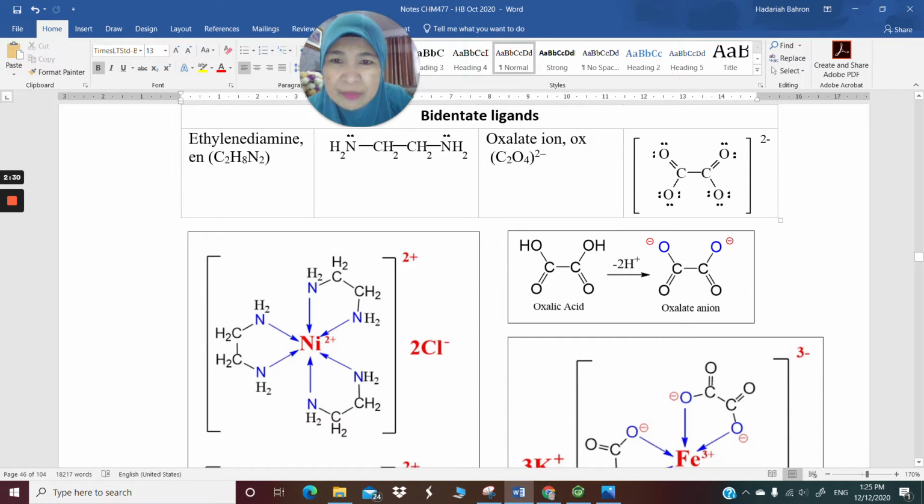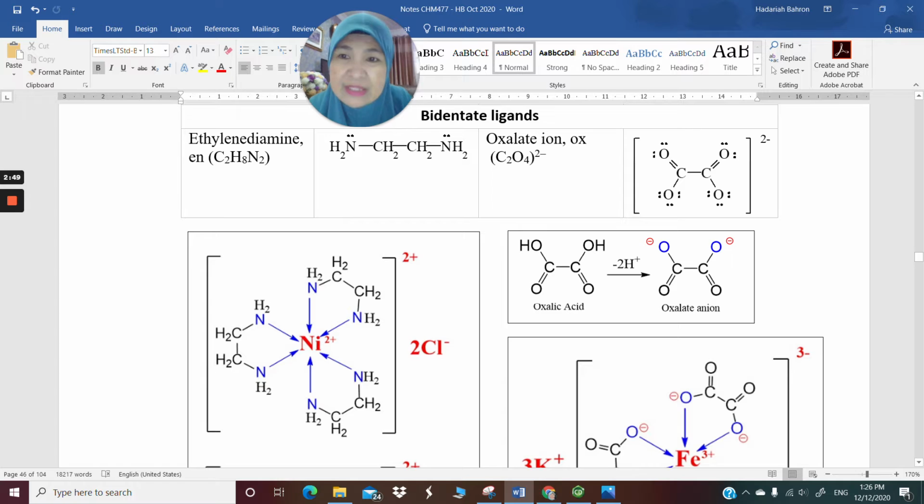There is a lone pair of electrons on this nitrogen and another lone pair on the other nitrogen. So both nitrogens bond to nickel in this way. This is one ethylene diamine bonded to a nickel center.